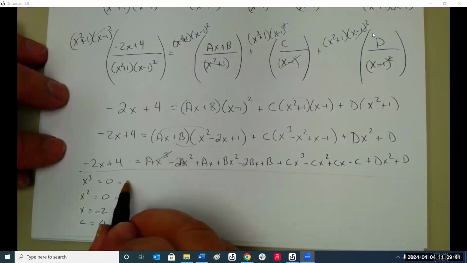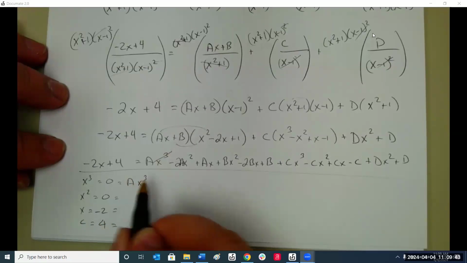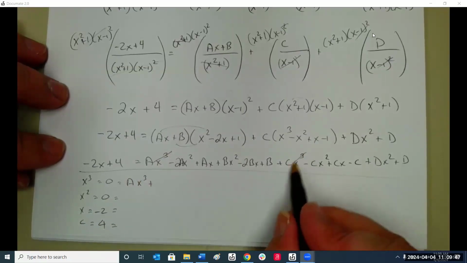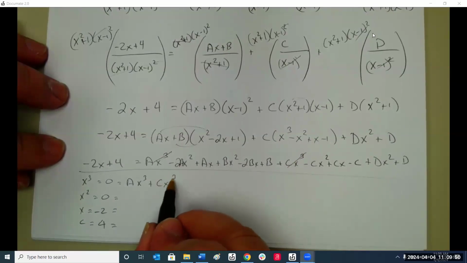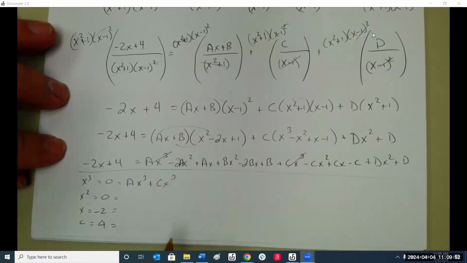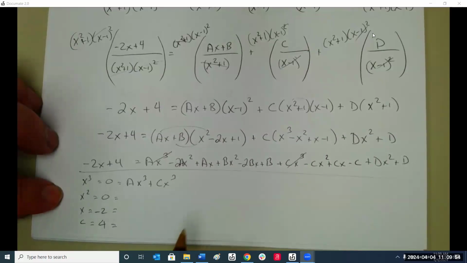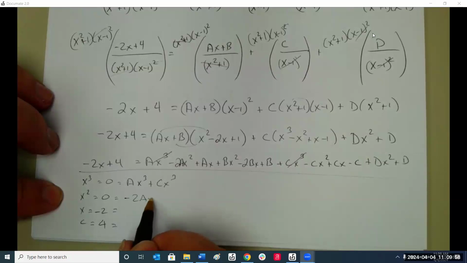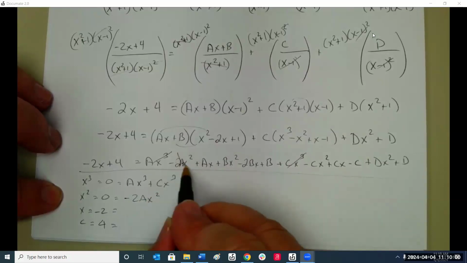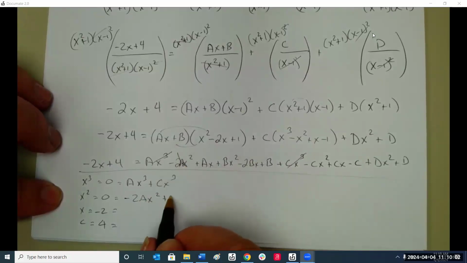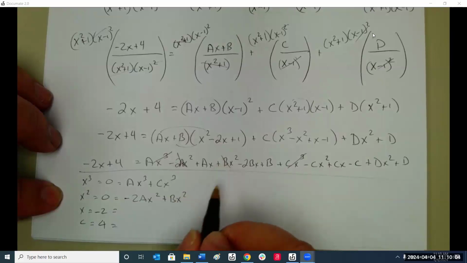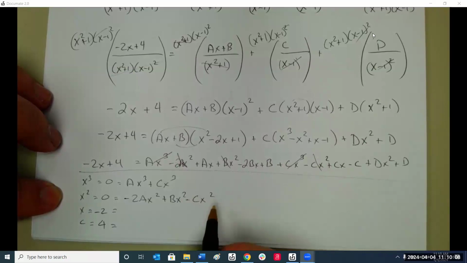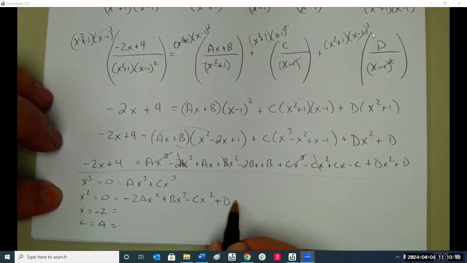So all of these: ax cubed plus cx cubed, we have negative 2ax squared plus bx squared minus cx squared plus dx squared.